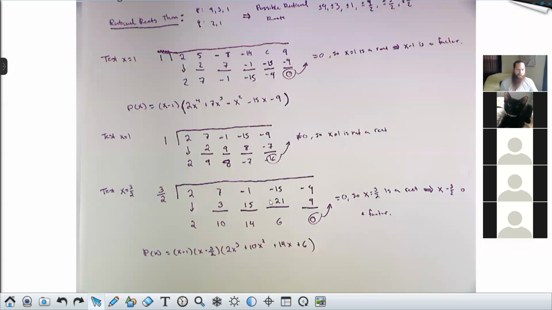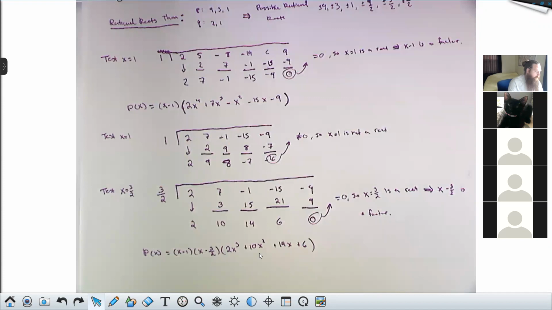Some observations at this step. Is there anything I can do to help factor that quotient polynomial at the bottom now? You can factor out a 2. Yeah, and let's do that, because this time the coefficients are different, right? The lead coefficient is still 2, but this one's a 6. So I would want to generate a fresh list of P's and Q's for this one, and I can shrink that list down by factoring out any constants.